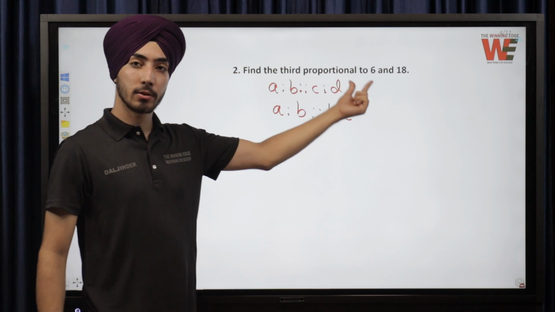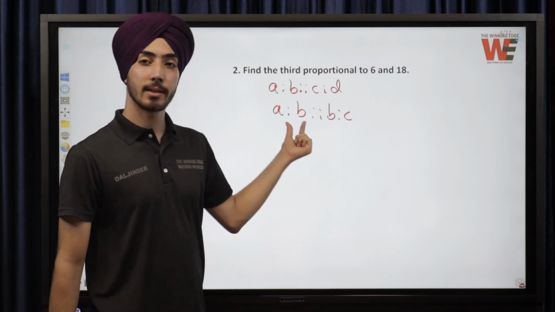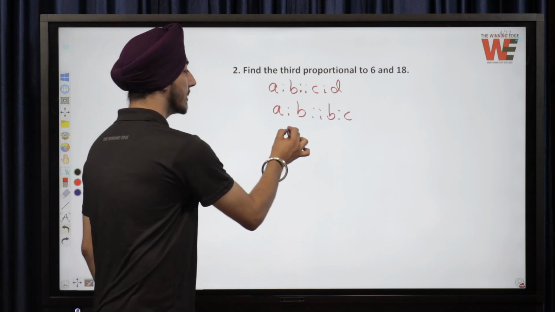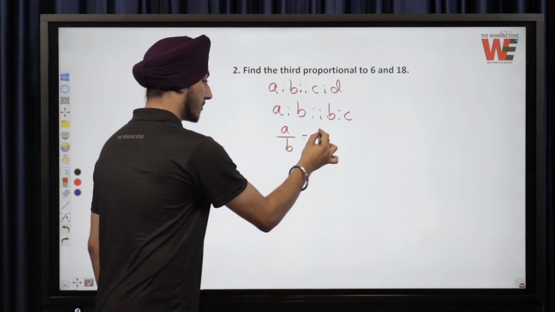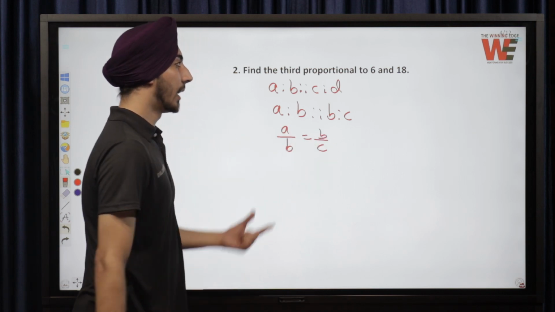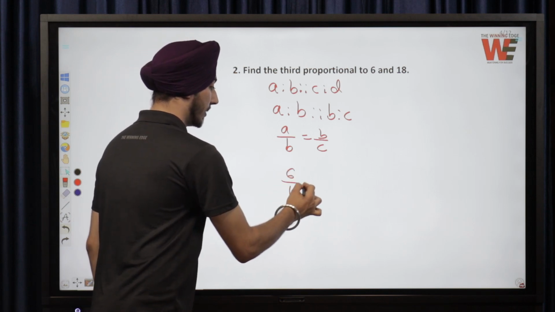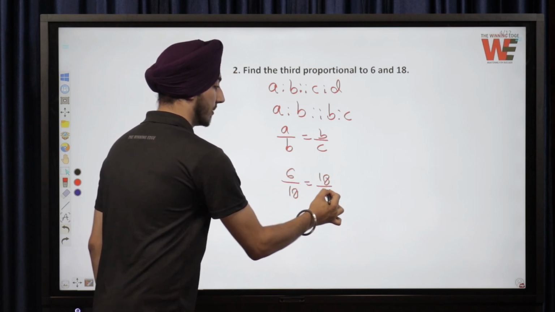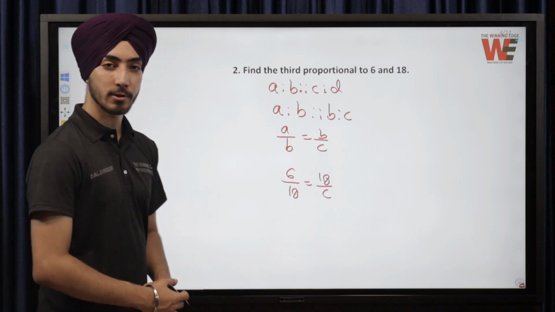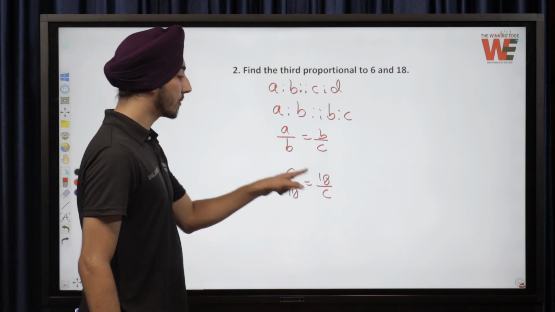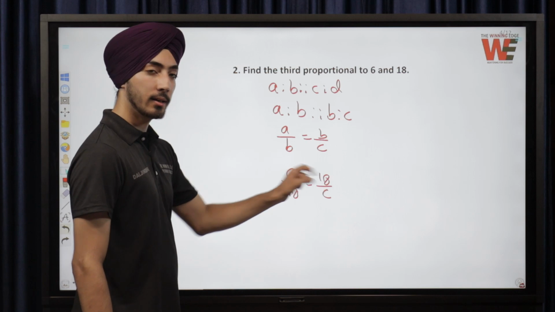Whatever the two numbers given to you, you'll use them as A and B. This means A upon B is equal to B upon C, and the values of A and B are 6 and 18. So you write down 6 upon 18 equals 18 upon C, and C is your third proportion. We are going to bring C here and 18 on the other hand.